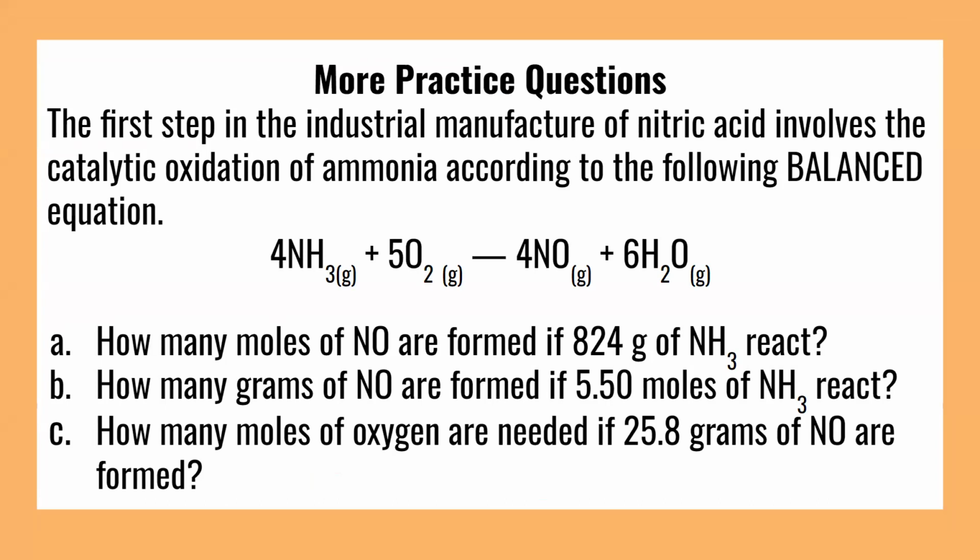How many moles of NO, nitrogen monoxide, are formed if 824 grams of ammonia, NH3, react? How many grams of NO are formed if 5.50 moles of NH3 react? How many moles of oxygen are needed if 25.8 grams of nitrogen monoxide are formed? Pause the video and try these 3 questions.